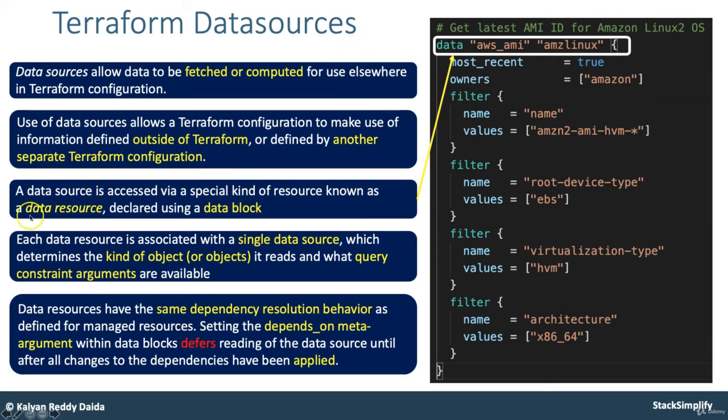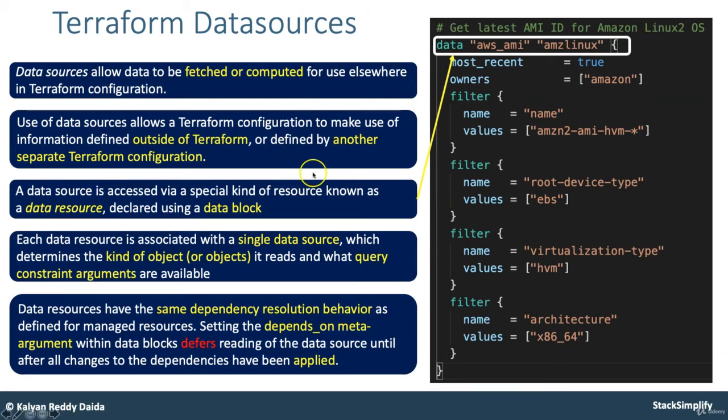Now it is called a data resource, which means, as you are also seeing, that it is defined in the same format as resources. When you were learning about resources, you saw multiple meta arguments, right? Like depends_on, count, and for_each. So are all those applicable for data sources or not? Let's discuss here.